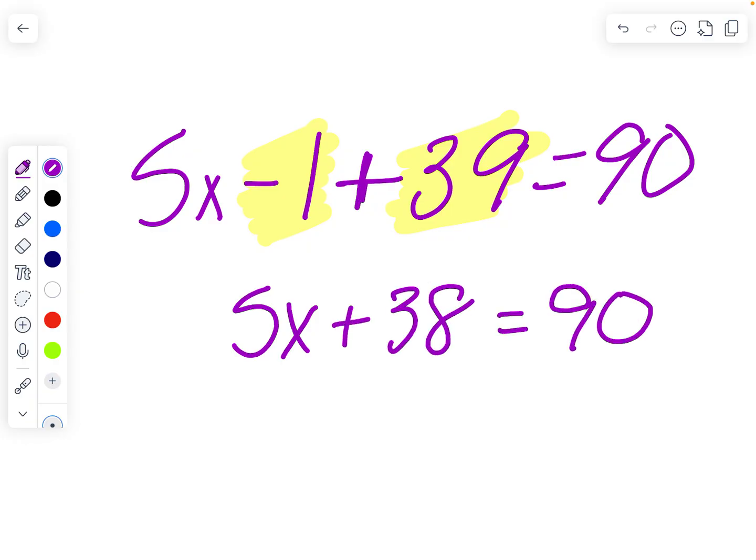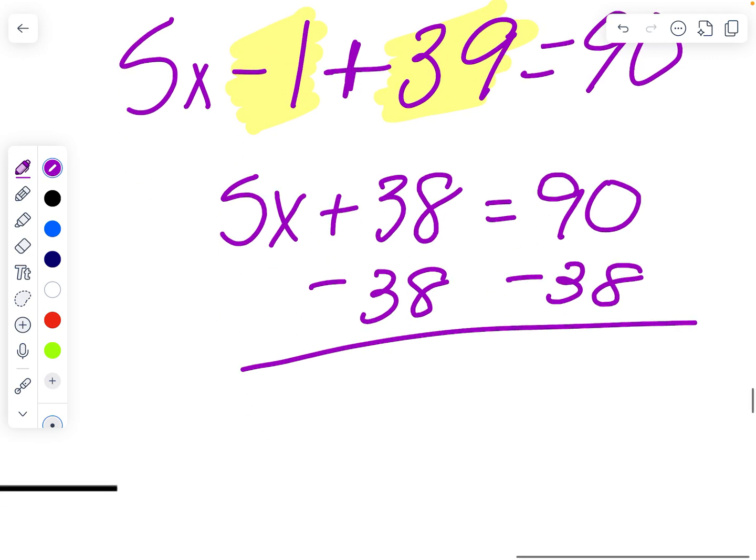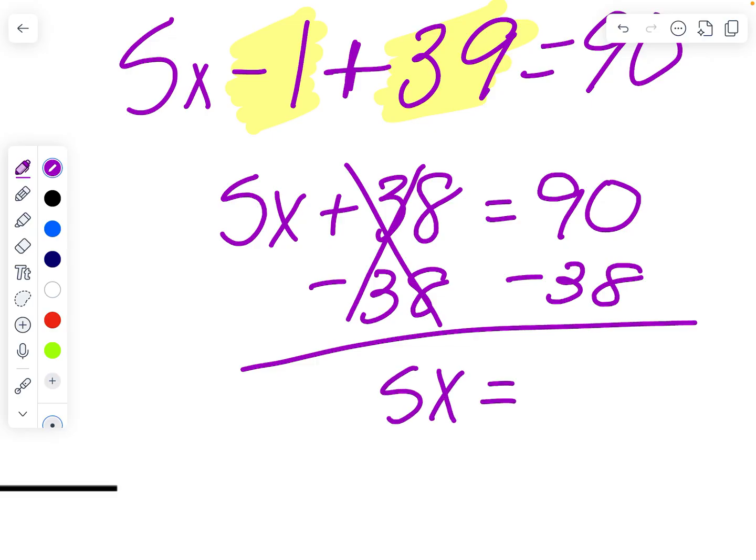We bring everything down. Okay, now again, we're going to be looking to get x alone. So we're going to start by getting rid of this plus 38 by subtracting it on both sides. We will cancel our opposites, bring down the 5x. 90 minus 38 is 52.